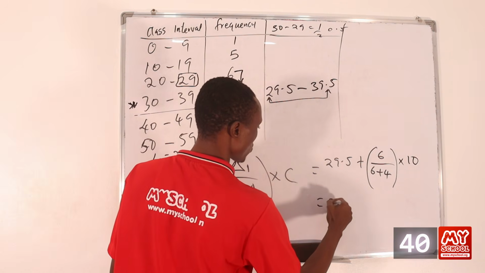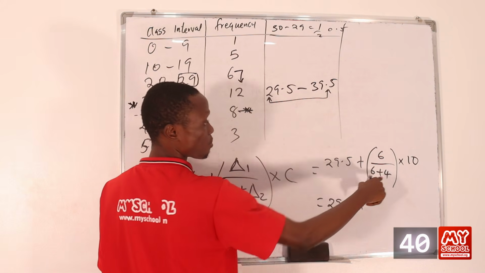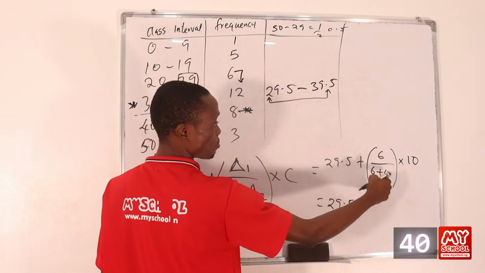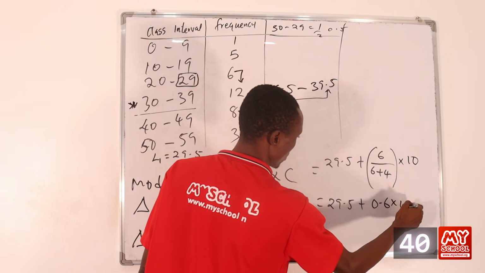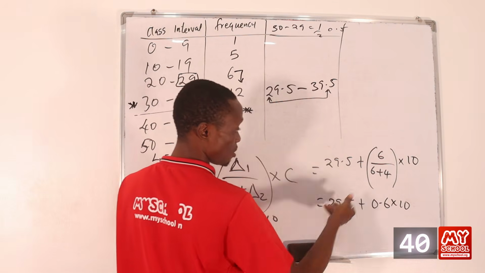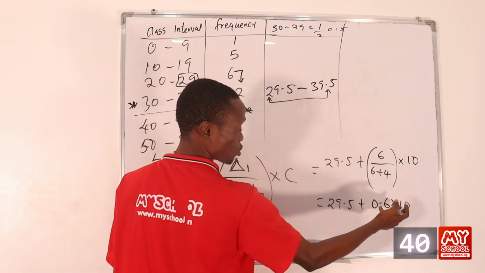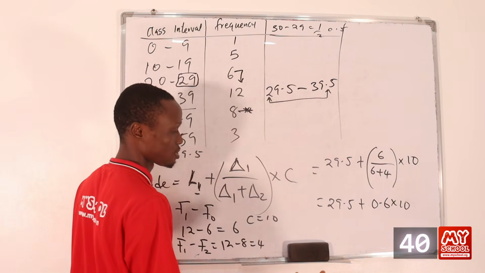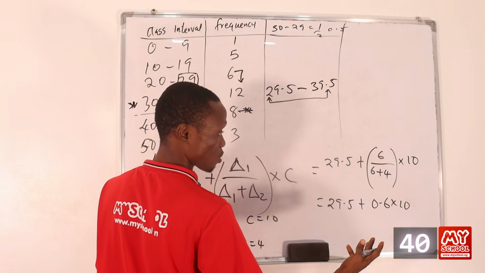So here we have 29.5 plus, 6 plus 4 will be equal to 10. So 6 divided by 10 will be 0.6. So I have 0.6 times 10. Remember, according to BODMAS, first of all deal with the multiplication before the addition. So 0.6 times 10 will be equal to 6.